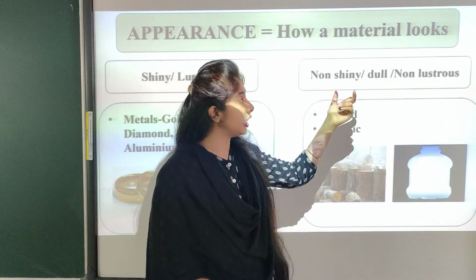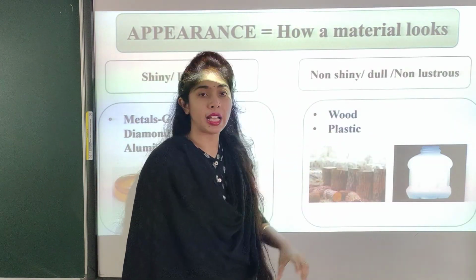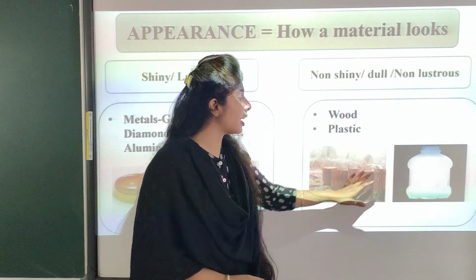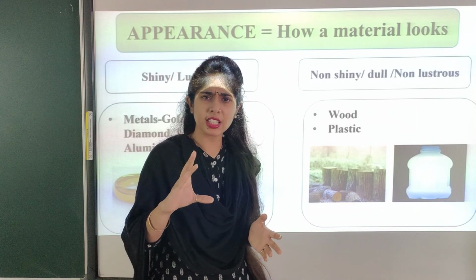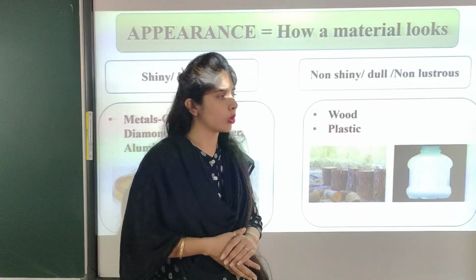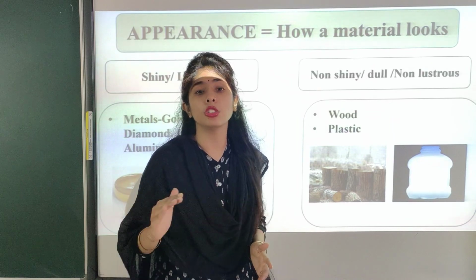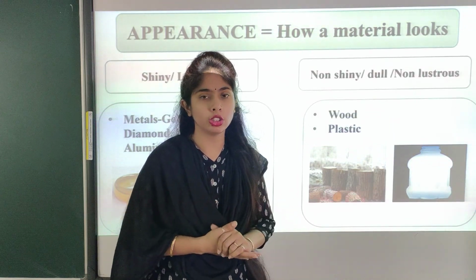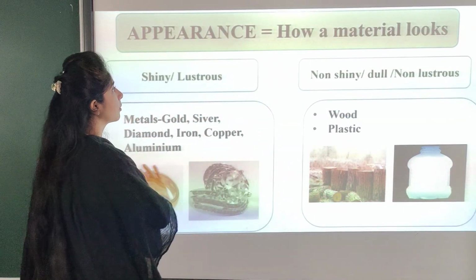Now, non-shiny, dull or non-lustrous. Wood and plastic, etc. These are non-lustrous, not so shiny. Is our plastic bottle shiny? No. Is our wood shiny? When does wood become shiny? When we polish it. Without polish it doesn't shine. So it is a non-lustrous object.